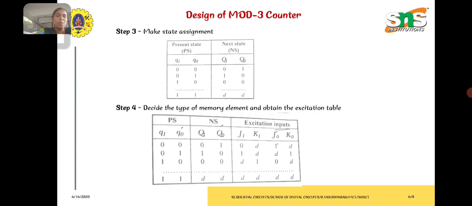For flip-flop 0 to change from Q0 to Q0, the J0 K0 inputs required are 1 and don't care. Similarly, other entries are also made using the application table. These excitation inputs are already shown for the JK flip-flop. So by using that flip-flop excitation input, we can design the mod 3 counter also.